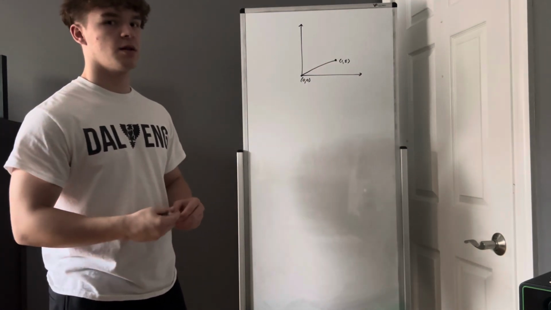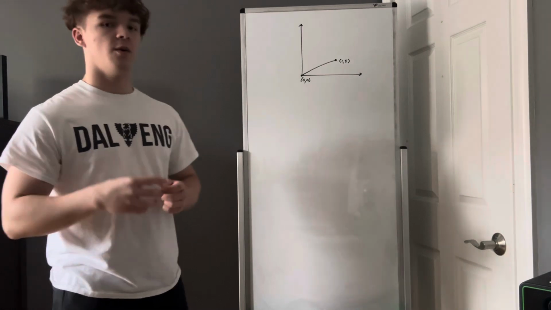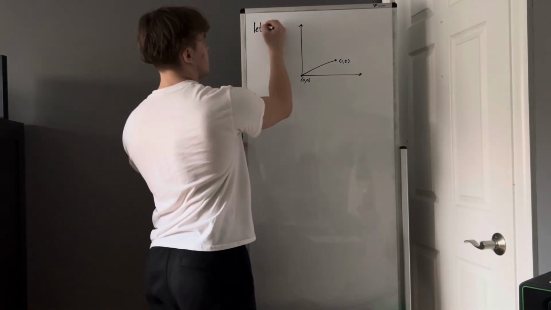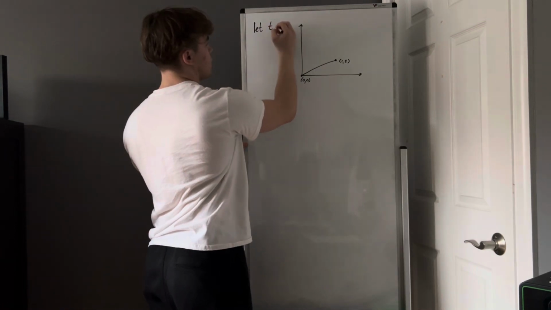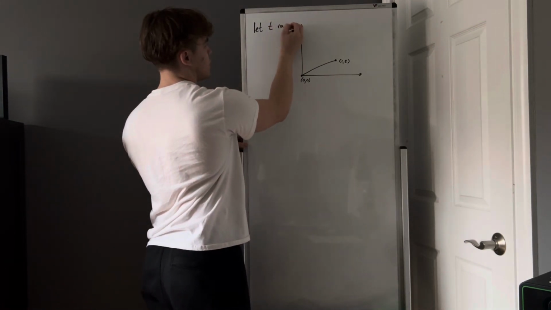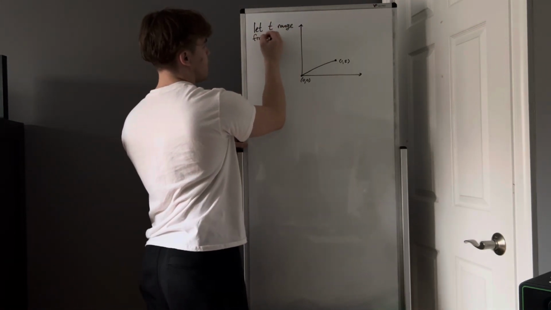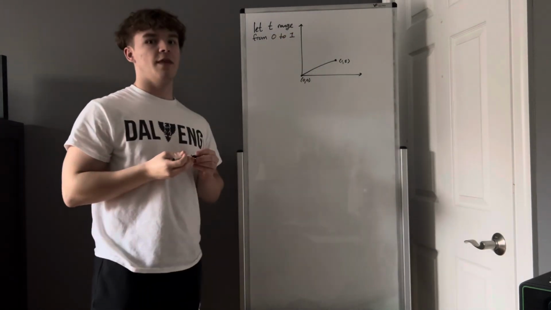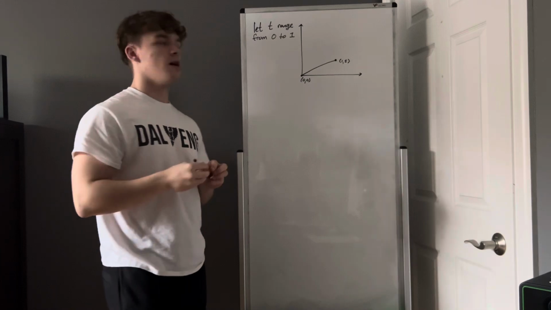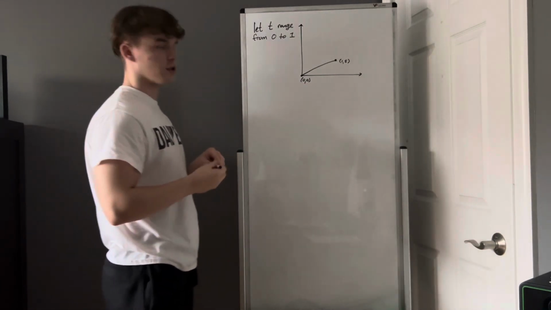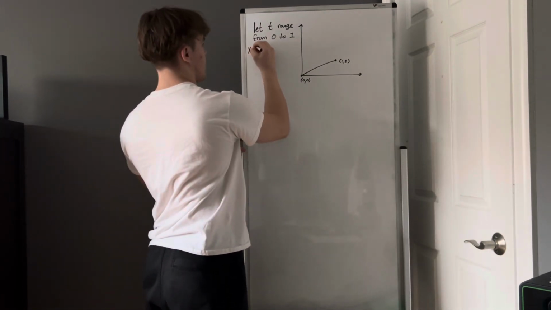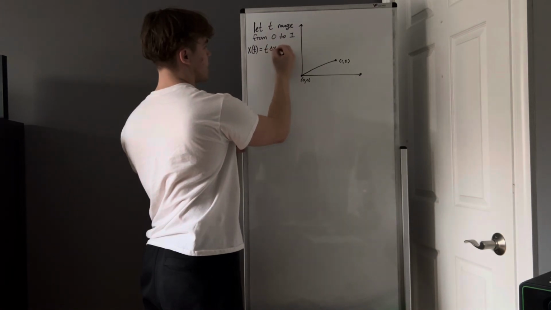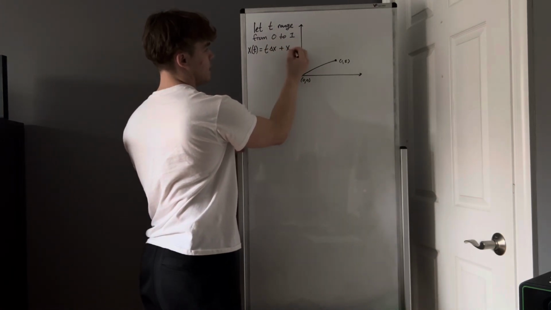But we'll see how we find these equations. So first thing with a line, what I like to do first is let t range from 0 to 1. And this will make it a lot easier for us because now we can use the equations of a straight line. x of t equals t delta x plus x initial.